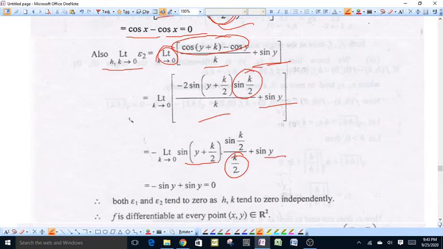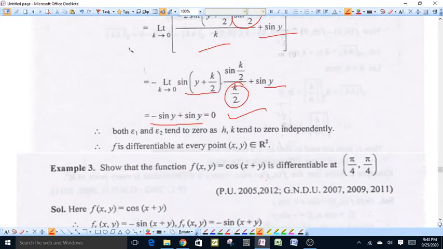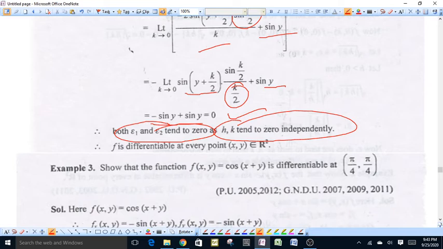By applying the limit as k approaches 0, this will be equal to minus sin y plus sin y, which is equal to 0. This means epsilon 2 approaches 0 as h and k approach 0 independently. Both epsilon 1 and epsilon 2 tend to 0 as h and k tend to 0 independently. This means f is differentiable at every point in its domain.